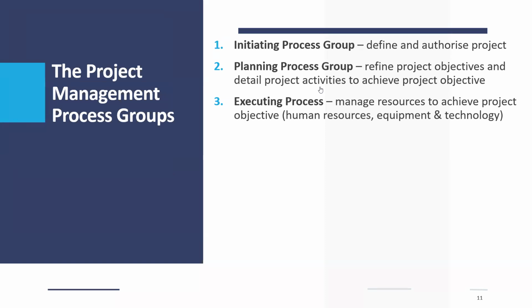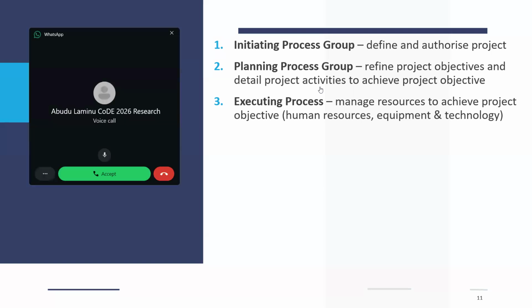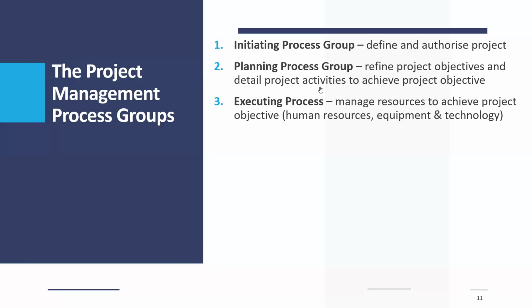What is that difference? Project planning is very important because it is what you plan that you are going to execute. So see project planning as where you are going to have the inputs.